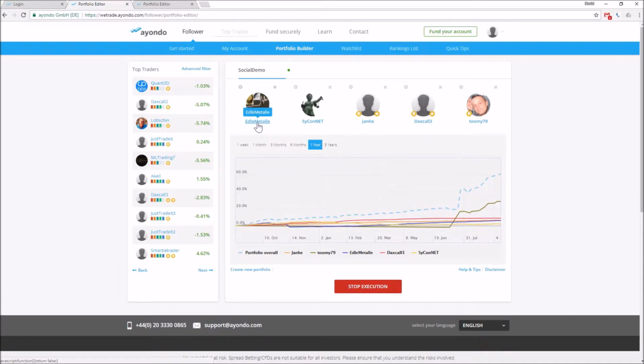So 3% of 100,000 is £3,000. The trade will be done on my account, but clearly it's not going to be risking £3,000 because I've only got £1,000 in my account. But the trade is done on my account for the same percentage risk. So if Edel Metal risks 3% on their account, then the trade will be done on my account, risking 3% on that account. So hopefully that makes sense. So that's one way where the risk is managed.